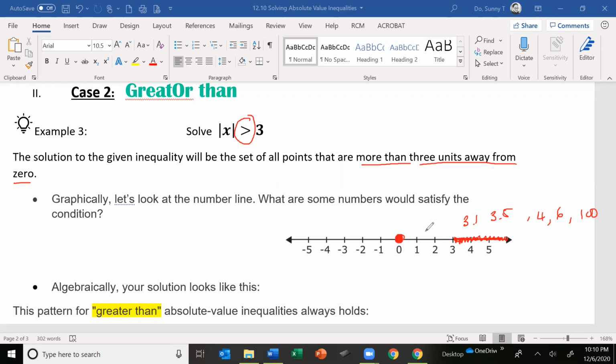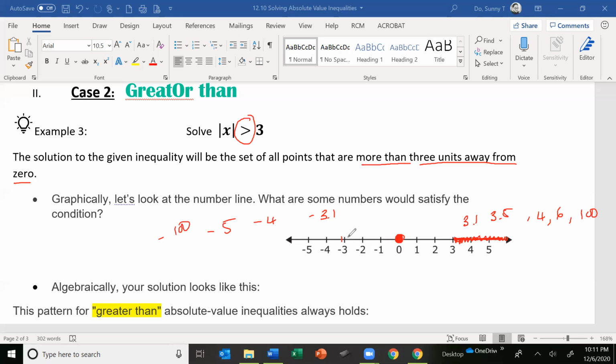And similarly, we're talking about absolute value of x, right? So that's the distance from 0 to the left also, to either direction. It has to be more than 3 units away, so it cannot equal 3. It can be -3.1, -4, -5, -100.